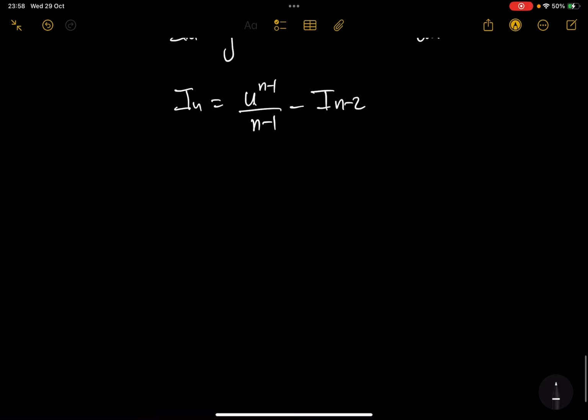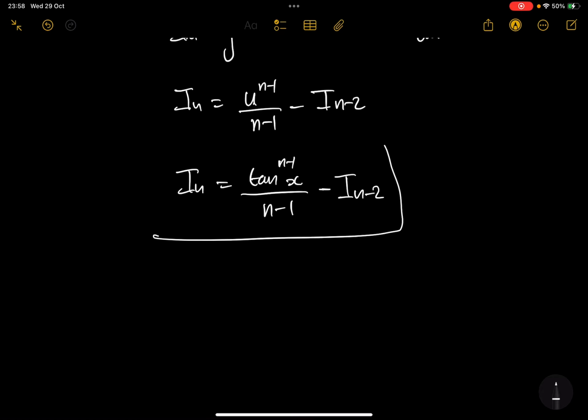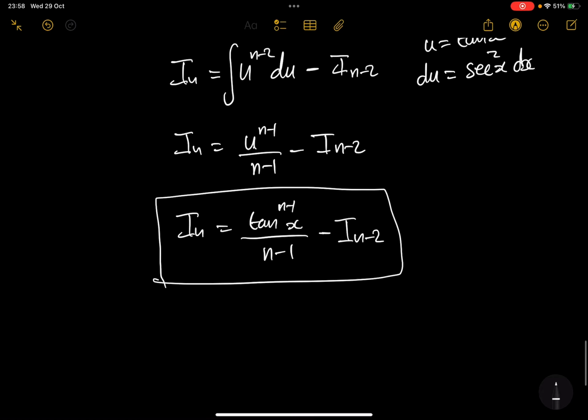U is tan x. So I_n is equal to tan^(n-1) x over n minus 1, minus I_(n-2). So this is the derivation of the reduction formula for indefinite integrals of tan to the power n. So this is what you're going to have.